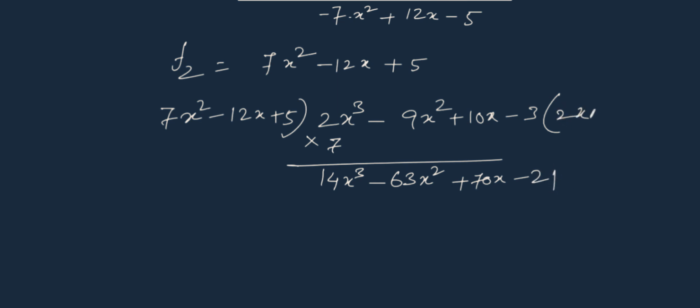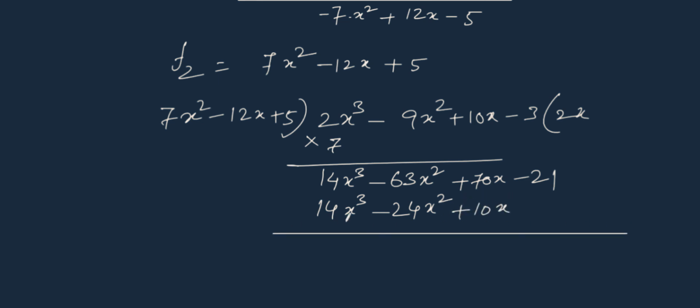So 14x cube minus 24x square plus 10x, negative, positive, negative get cancelled. Here we'll get negative 39x square plus 60x minus 21.